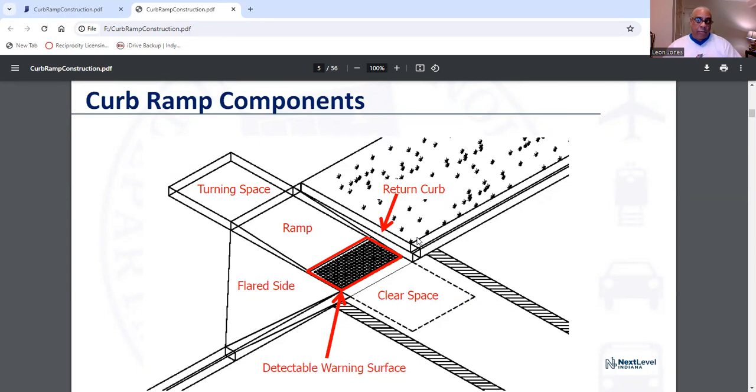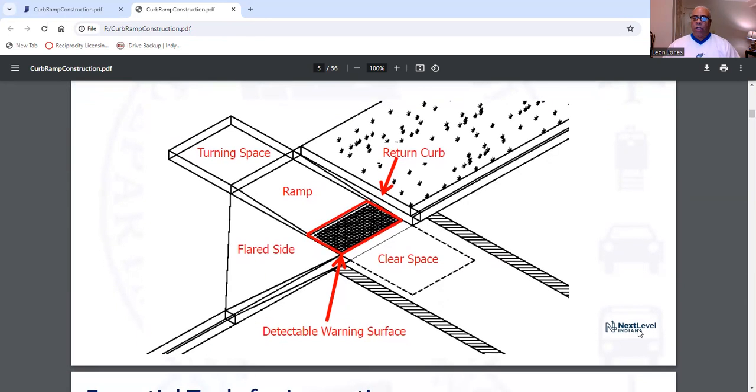Now, remember, like I said before, curb cut ramps are different. And sometimes you have to rip them out if they're not right. But you have your clear space, your detectable warning surfaces, your return curb. Generally, when it comes to your sidewalk, it's got to be a minimum of 4 feet.